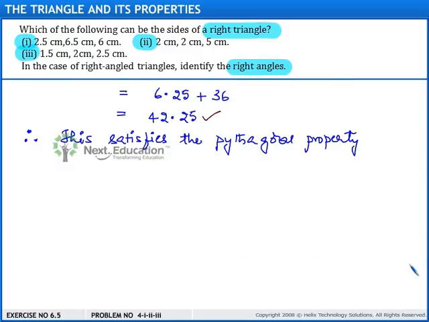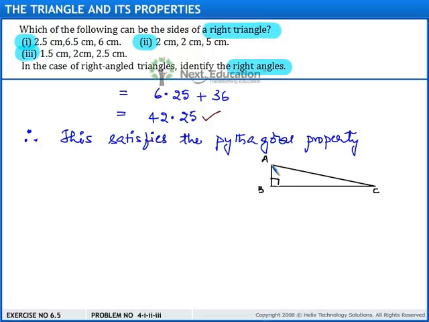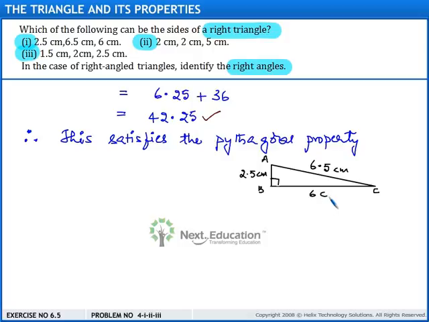Now, we shall draw the right angle triangle to locate the right angle. So, this is a right angle triangle ABC, wherein the longest side, that is AC, is equal to 6.5 centimeters and the other two sides are 2.5 centimeters and 6 centimeters.